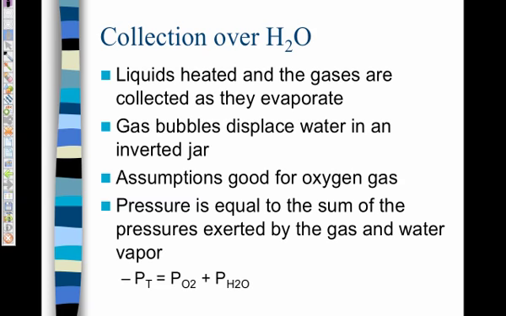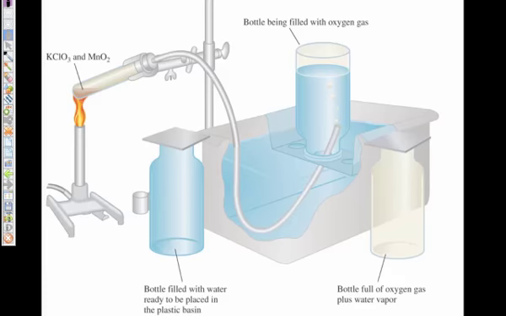Can I switch it now? You may. So if we're making a gas here, in order to be condensed, it has to be run through colder water, and it would come up through the water, and then this gas would fill this container and the water would be pushed down. And so you can get a bottle full of gas. This gas would be whatever gas you're trying to get plus water vapor, so you have to take that into account.